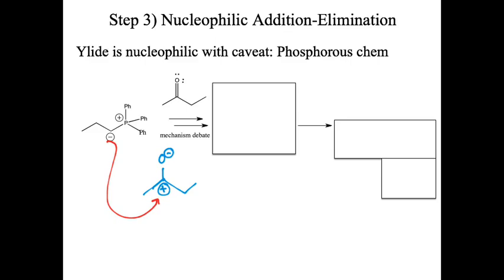Now the next fun part. If we did that, what do we get? I'm going to attempt to draw this nicely. And I'm just going to draw this as PPh3. Put the positive there. We'll see why in a second. Here's our formed bond.